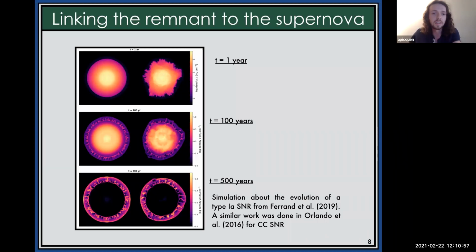In this example, we can see on the left a perfectly symmetrical supernova that evolves into a remnant that is mostly symmetrical, and in comparison on the right, an asymmetrical supernova that evolves into an even more asymmetrical supernova remnant. So it is showing that we may use the asymmetries that we can observe in supernova remnants as a clue to understanding the asymmetries in the explosions themselves.